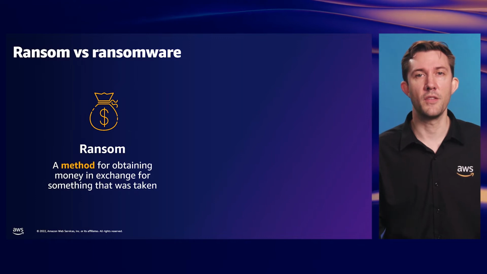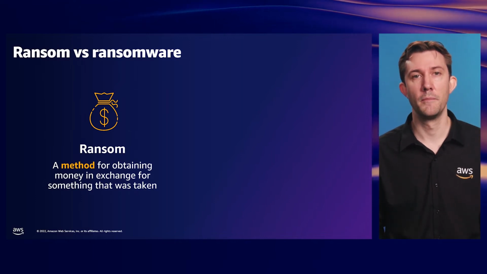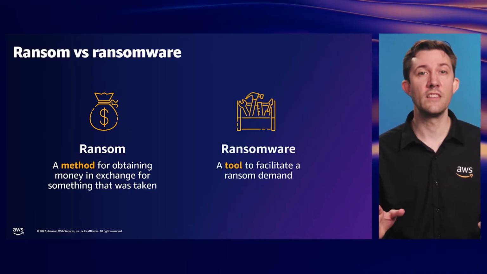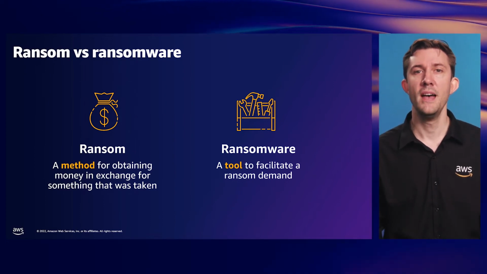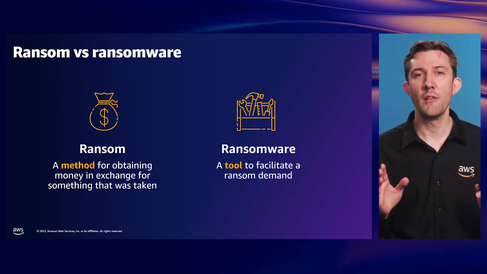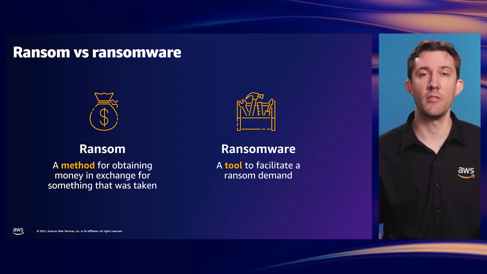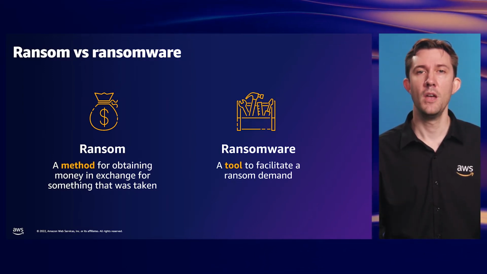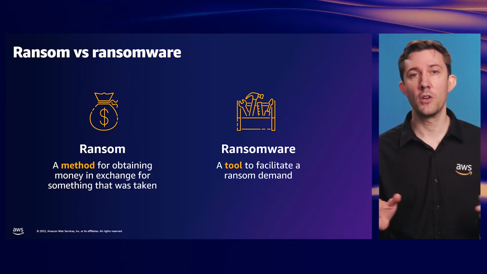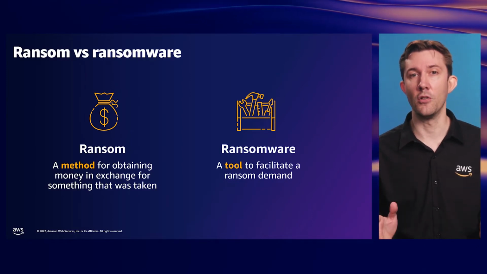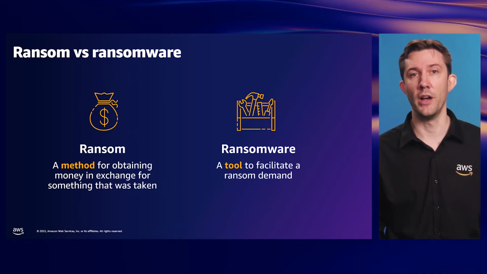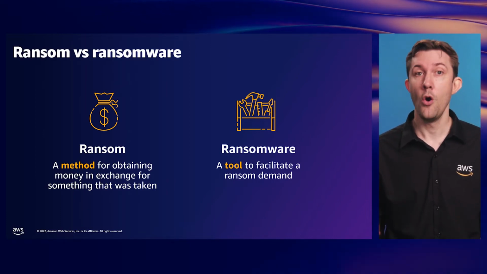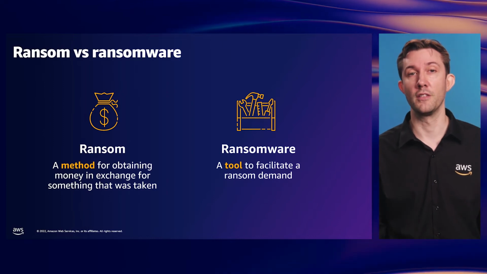Ransom is a method that attackers use to get money, whereas ransomware is just one tool attackers can use to perform a ransom. However, as I said, there is no ransomware in either of our two stories today. I think this is an important point because when ransomware is not involved, typical preventative controls that may help stop ransomware, like endpoint protection, won't help in these two stories.